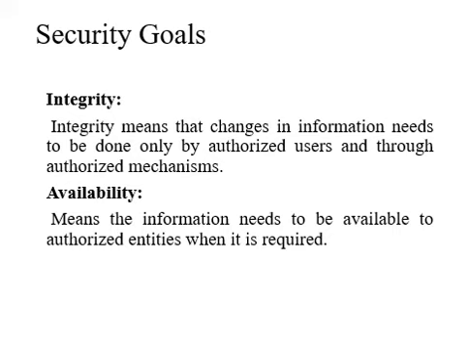Other factors that could lead to lack of availability of information include accidents such as power outages or natural disasters such as floods. These may leave authorized users unable to access the information.